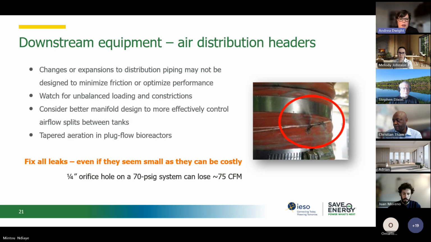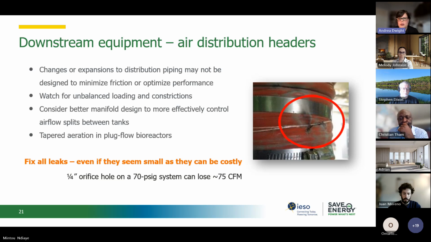And you want to make sure that it's done well so that you can effectively control the splits between your plants. That being said, one of the things that I really think is important that sometimes gets overlooked is fixing small leaks.